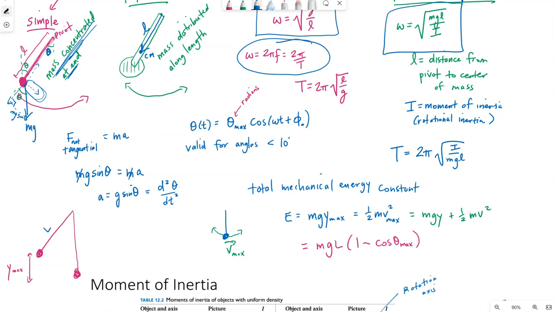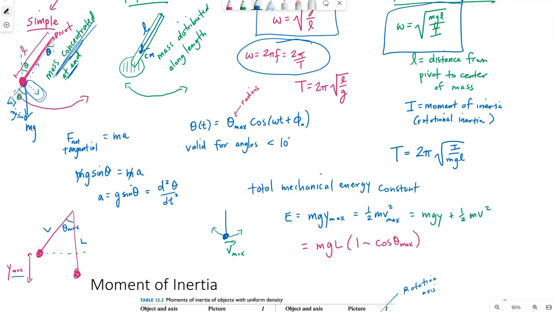Capital L is what they're using to represent the length of this string. Theta max represents the maximum angle that the pendulum swings to, which is why this is a y max. That's the highest it goes.